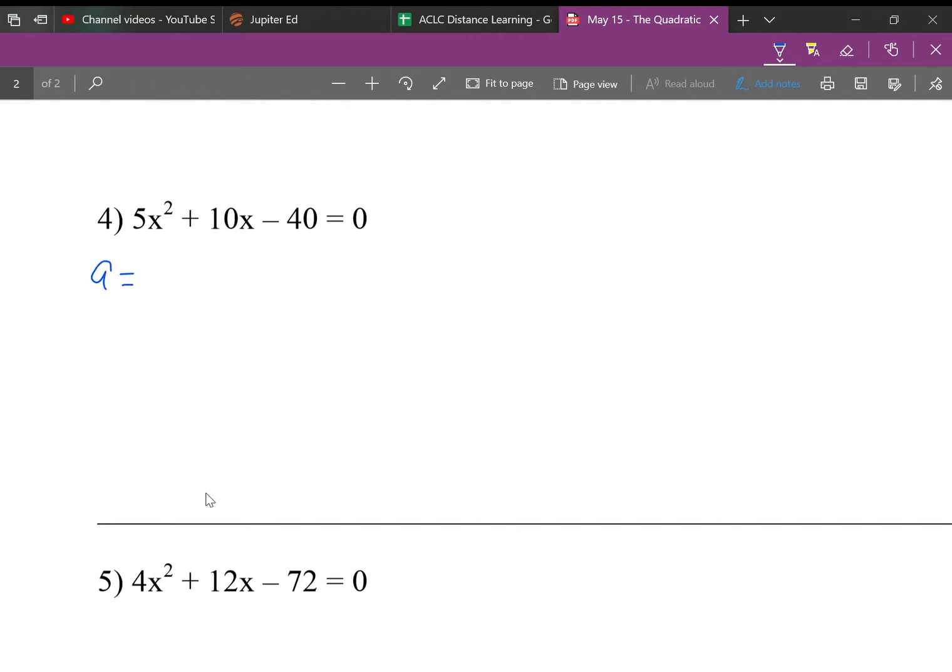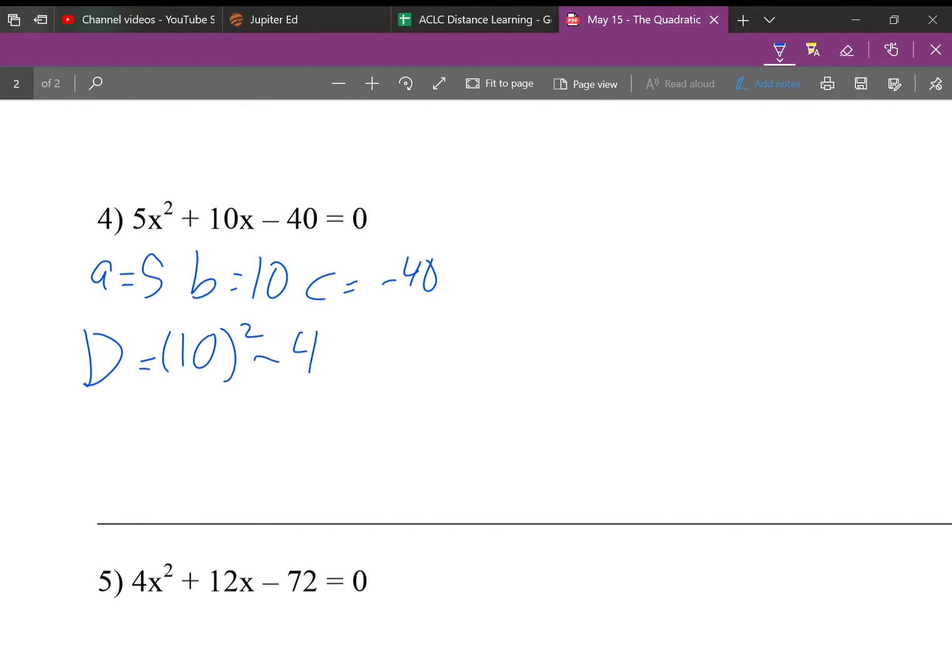A here is 5, B here is 10, C here is negative 40. So the discriminant is b squared, so it's going to be 10 squared minus 4ac. Well, a is 5 here, and c is negative 40.